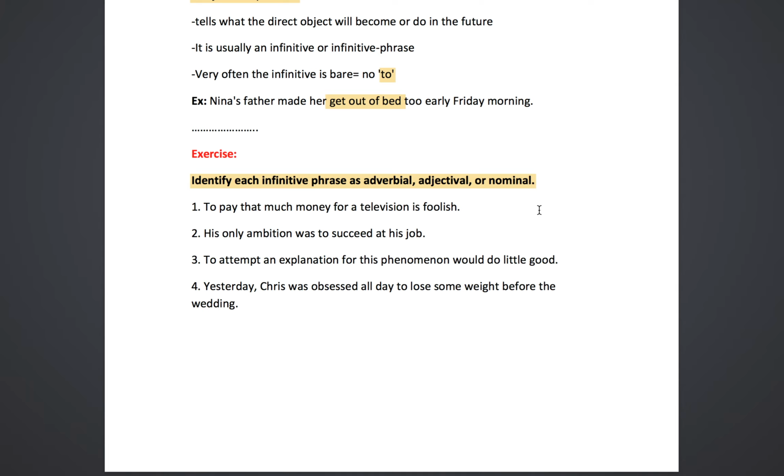What we talked about most in this lesson was recognizing the functions that infinitive phrases can have. So here, you have to identify the function of the infinitive phrases in these four examples. I'm going to leave you, and then we will go back to solve them.